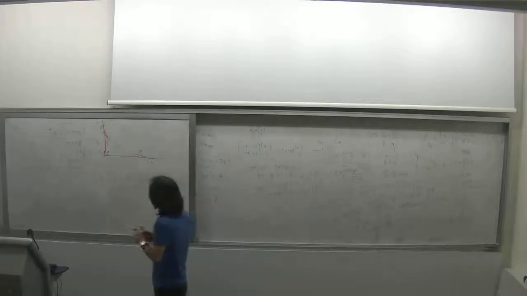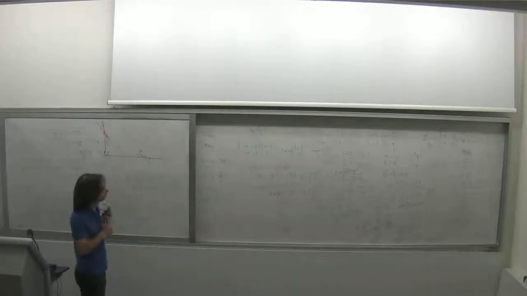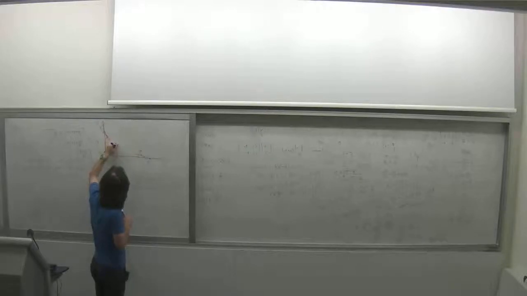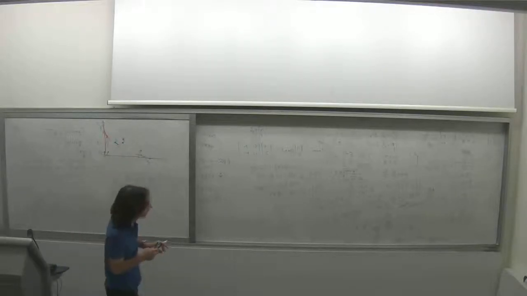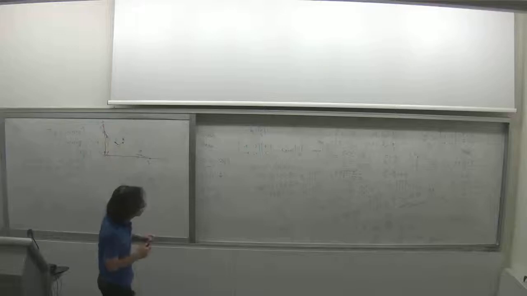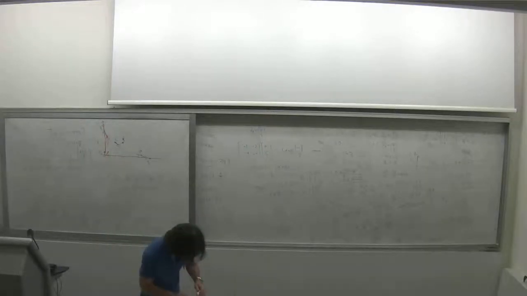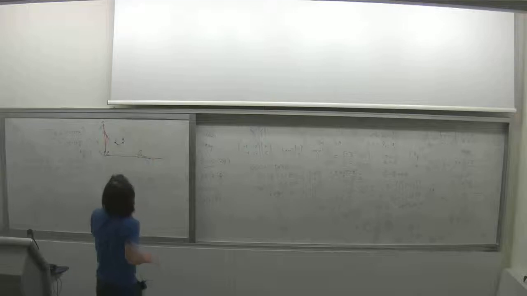Okay. Minus square root of 2, 1. That's this. V1 and V2 is square root of 2, 1. V1 has the positive eigenvalue, and V2 has the negative eigenvalue.